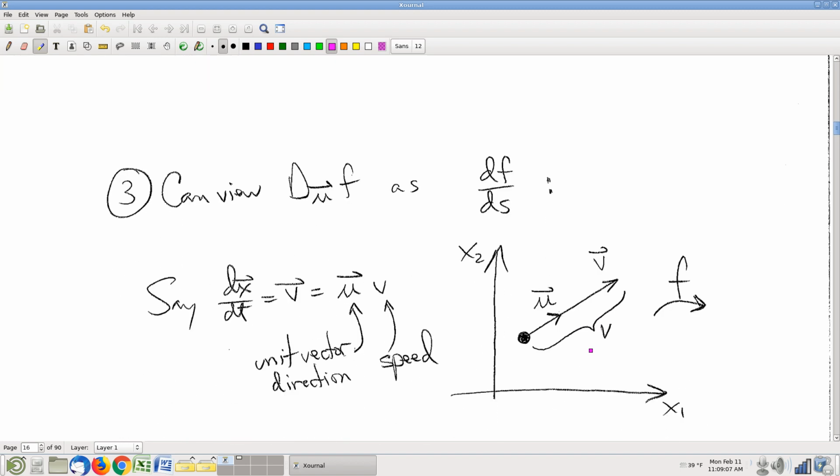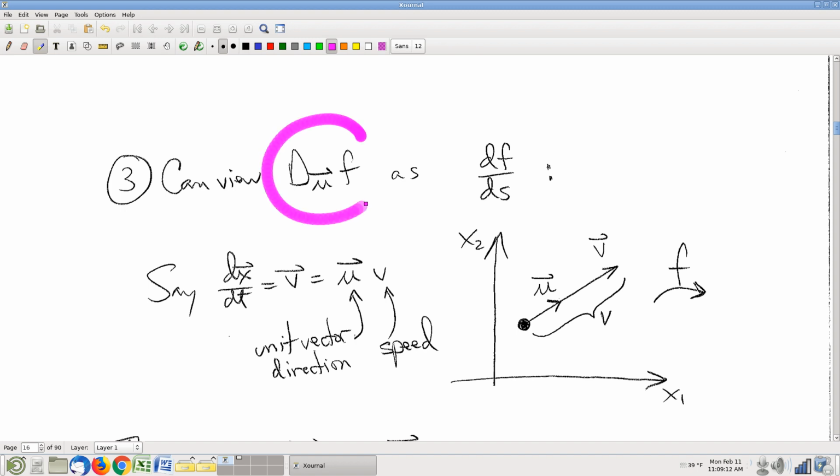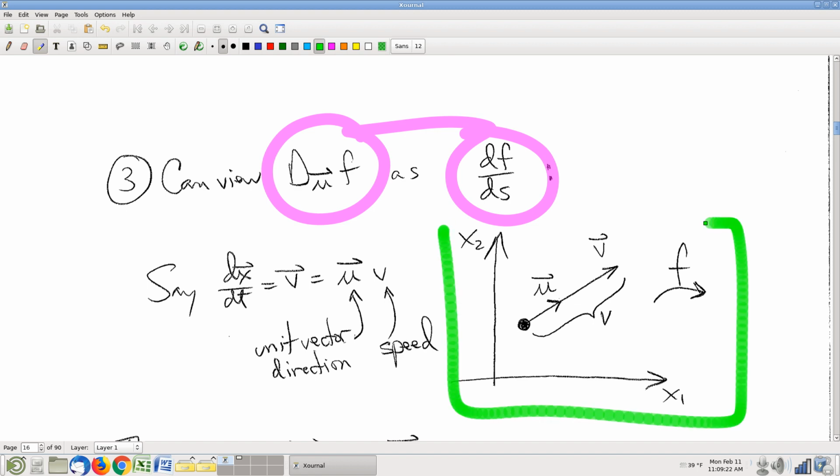One last little observation I'll make before we go on. I want to explicitly show you that you can interpret directional derivatives as df/ds. Let me remind you why we would care about this. If you've got some real valued function of position, you might be interested in how that function is changing independent of the experience of a specific observer.